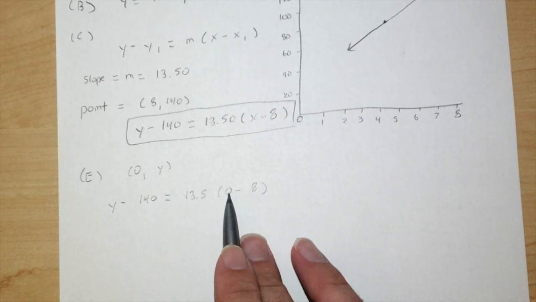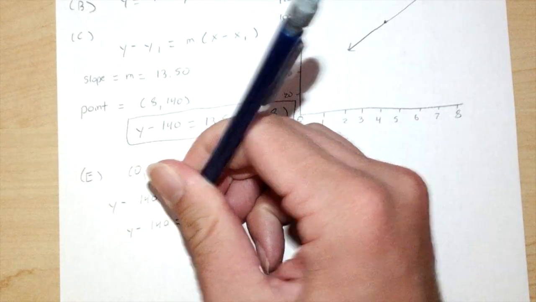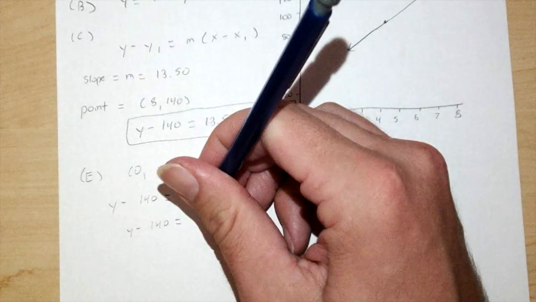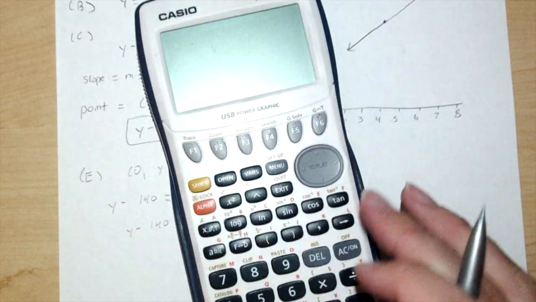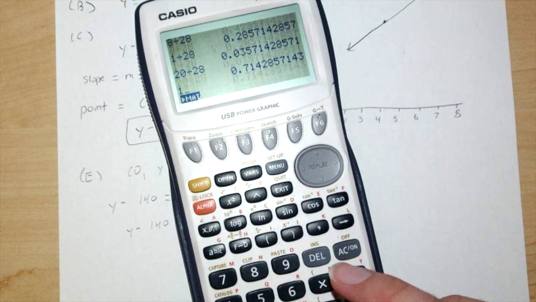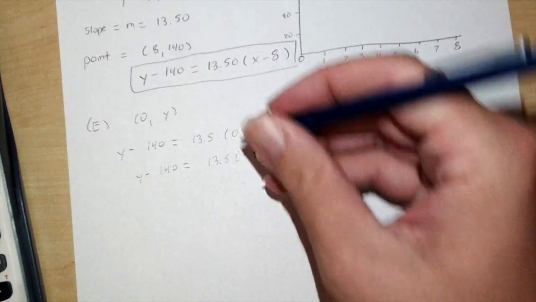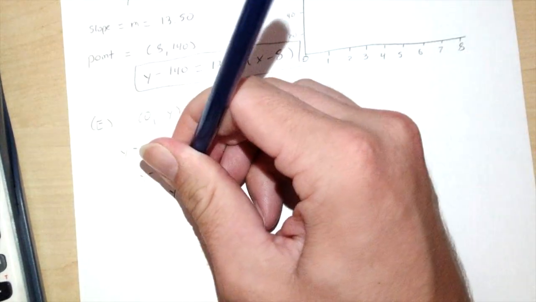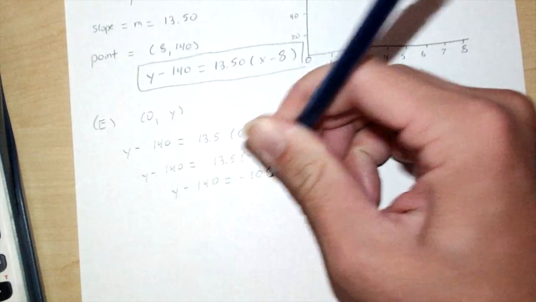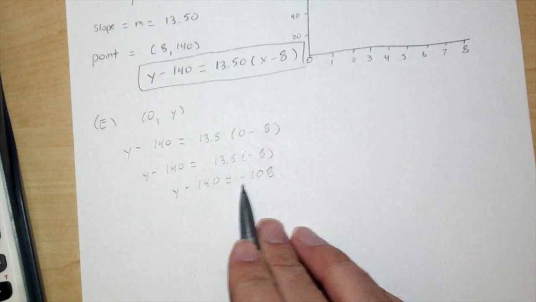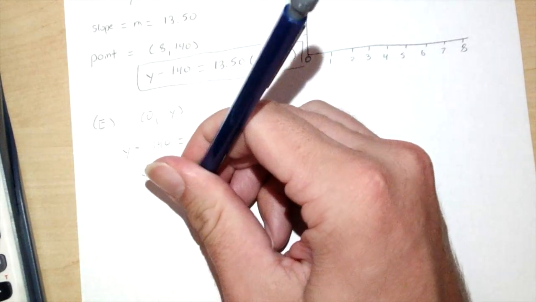So if I plug in 0 here, it's going to be y minus 140 is equal to 13.5 times negative 8. So I think you'll be fine to just use your phone calculator in this class for now. But I'm getting y minus 140 equals negative 108, and then I add the 140 this way to get my y.